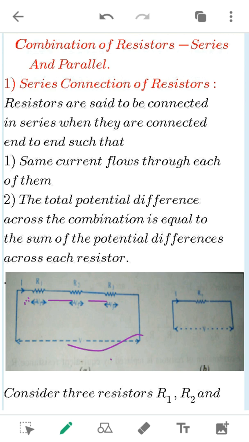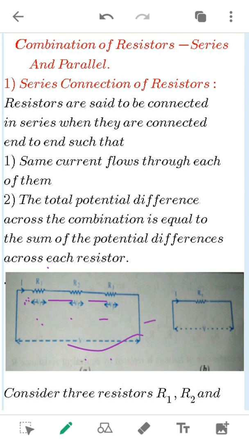In the series combination, the same current will flow but the potential difference will differ. The main potential difference is V, and the potential across the first resistor is V1, for the second resistor it is V2, and for the third resistor it is V3.